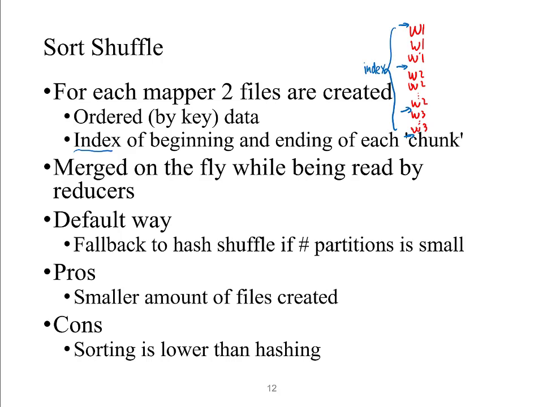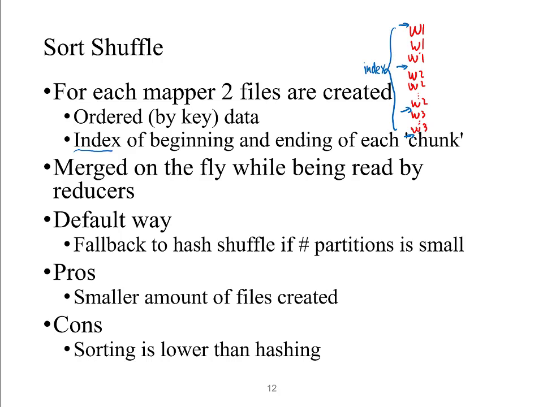All right, and these files would be merged on the fly while being read by reducers. And also, if the map side combination is required, then the data is not only sorted but also pre-aggregated by partitions. So it will further reduce the size.